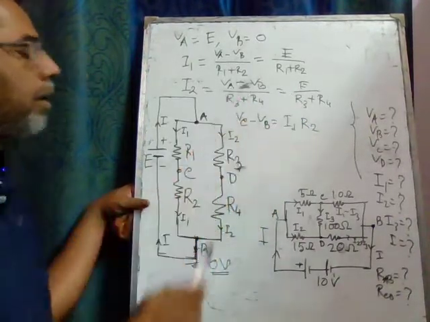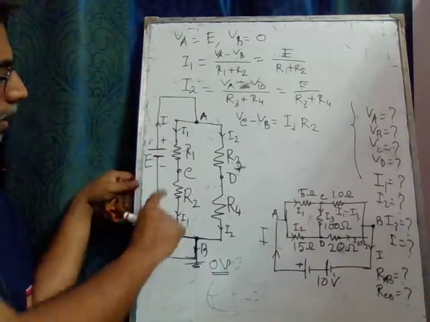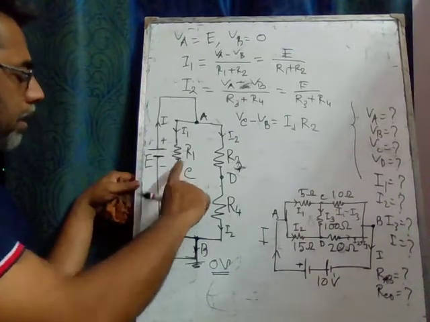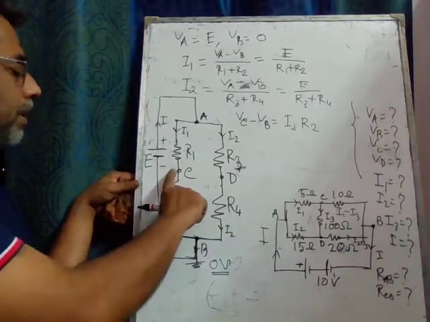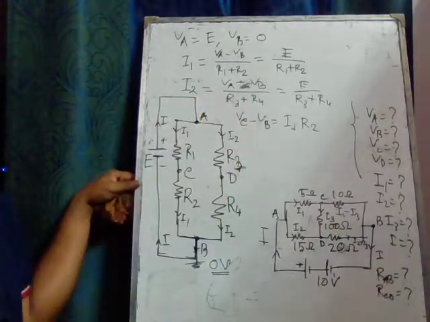This is nothing but Ohm's law: for these 2 points of the circuit, the current is I1 and the resistance is R2, so the potential drop must be I1 R2.